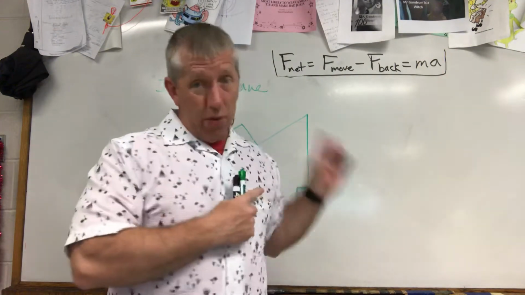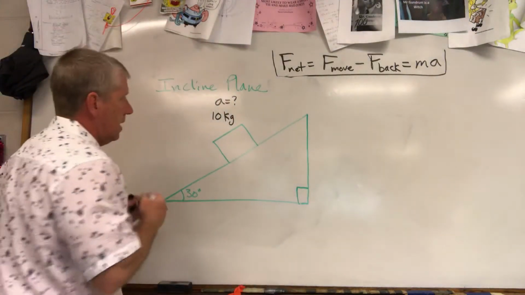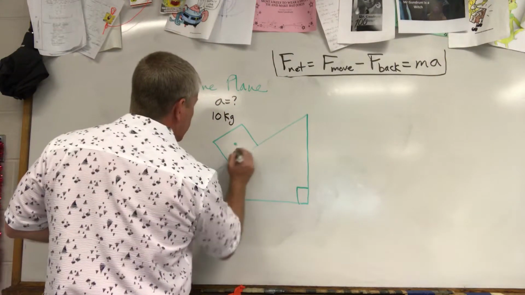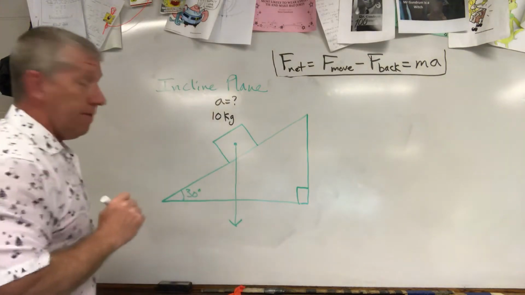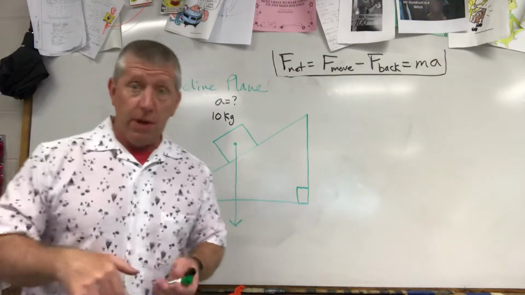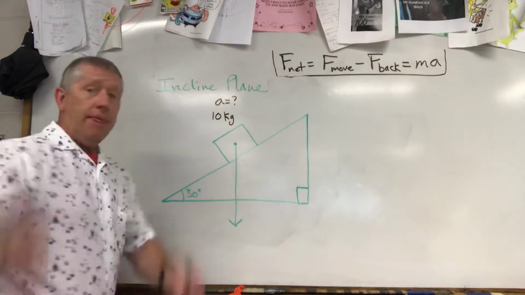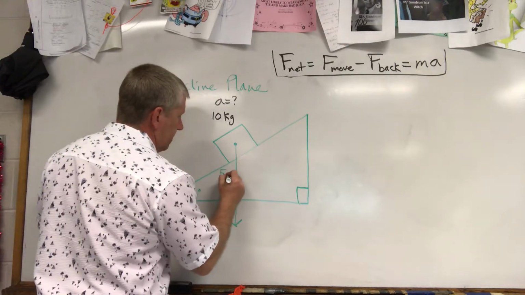The weight's really important in this one. So the first thing we do is construct a vector that represents the weight of that box. And weight vectors always point straight down toward the center of the earth. So straight down, that's our force of weight vector. I'm going to write that as F_W.